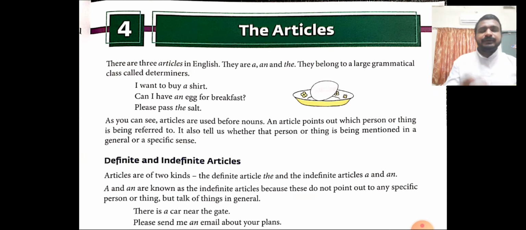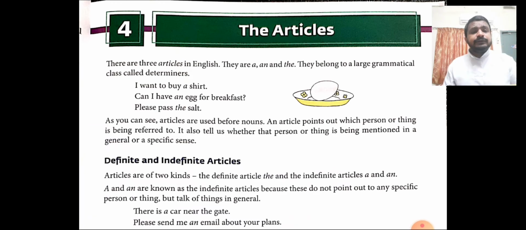For example, there is a car near the gate. Suppose I am telling my friend that there is a car near the gate. That car can be any of its kind. It can be a Hyundai, or a Ford, or any kind, or a Tata one. Or look at the next one.